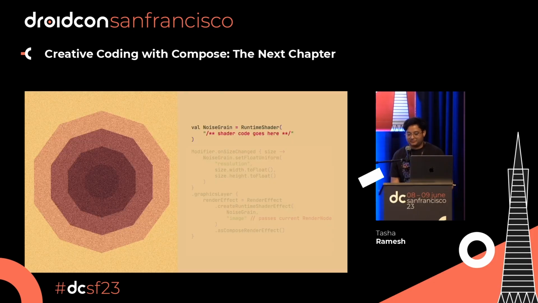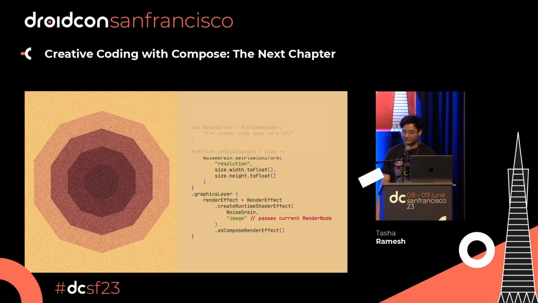So to create the runtime shader effect, take all our shader code, put it in the runtime shader, set up some of the uniforms, tell the shader what kind of size we're working with, and then finally we create the runtime shader. And here we pass in this string image, which exactly matches the uniform image that we saw in the shader program. And this is what essentially passes the entire render node of the composable into the shader as an image.